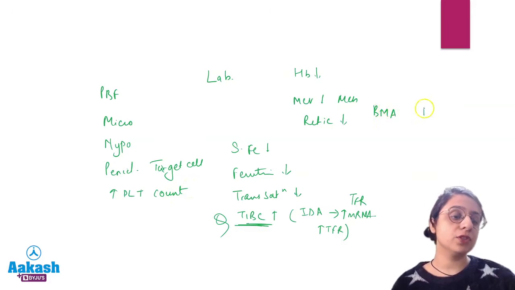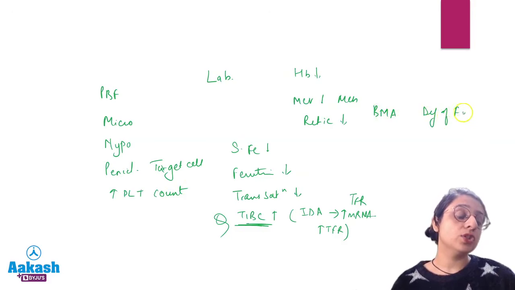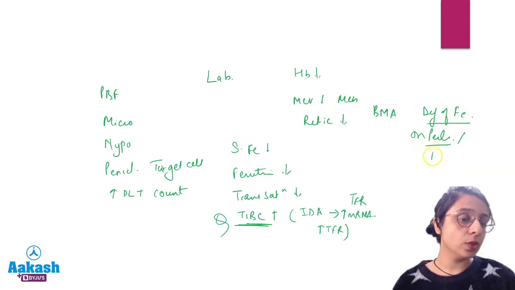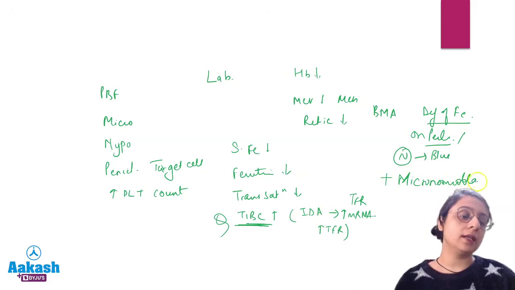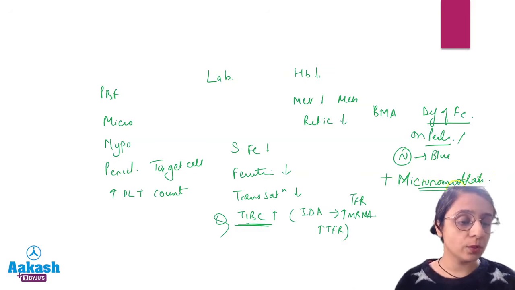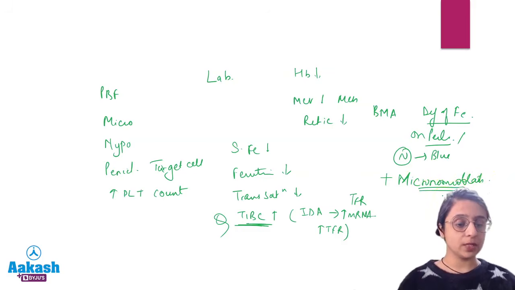First, you will see deficiency of iron, which is the gold standard, on Pearls or Prussian blue stain. So you can remember normal iron stores are blue on the stain, but here there will be a deficiency. Along with that, a very, very important finding, micronormoblasts are seen, which are characterized by very small size of normoblasts along with cytoplasmic basophilia and fraying of cytoplasmic borders.